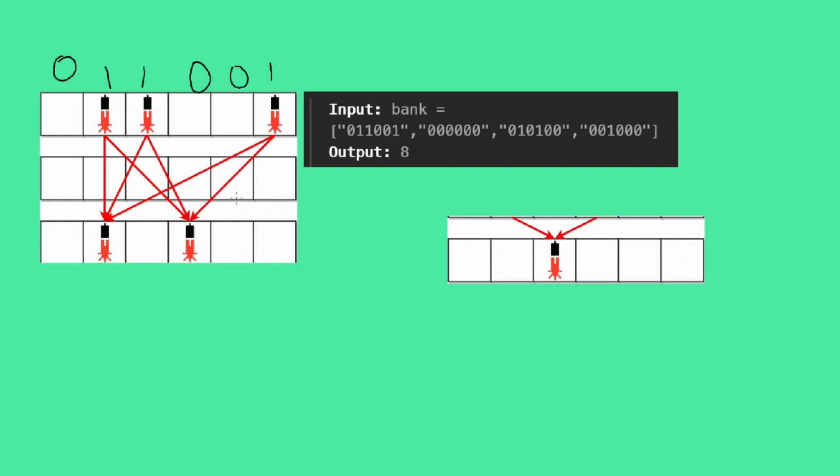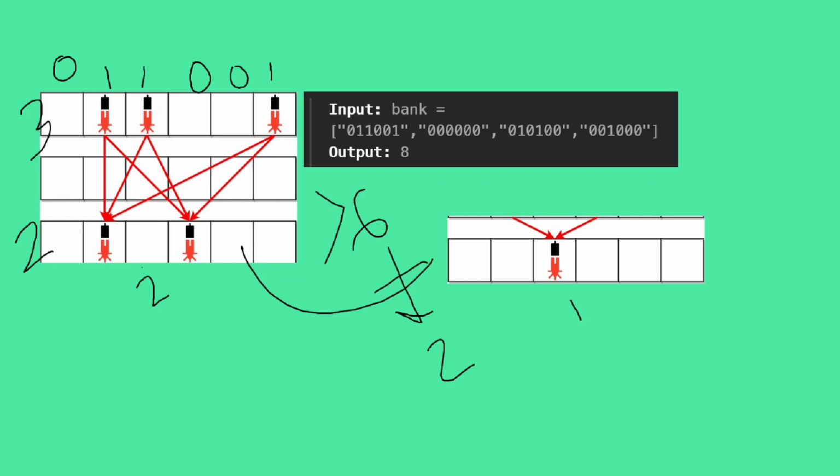Now, if I were to calculate how many laser beams we have, this row has 3 and this row has 2. 3 into 2, we have 6. Now, between this row and this row, this row has 2, this row has 1, 2 into 1, 2. Total 8. And that is the answer.